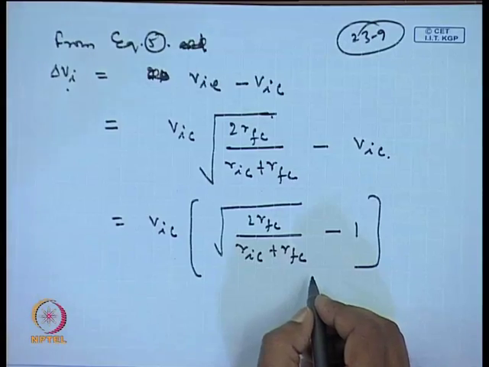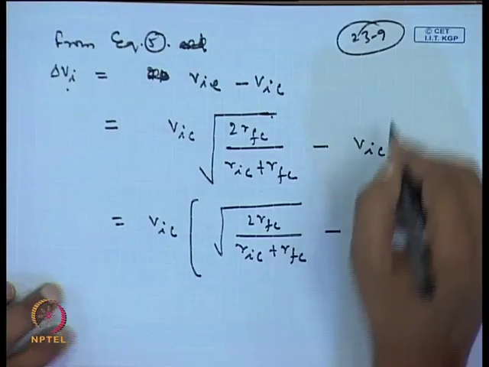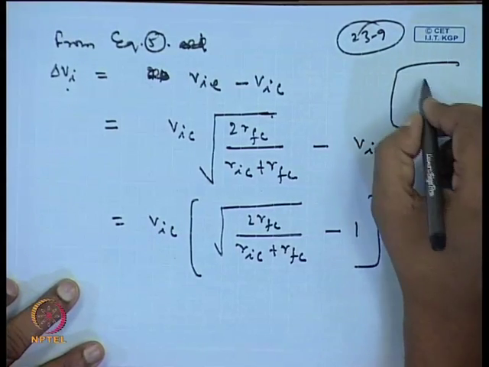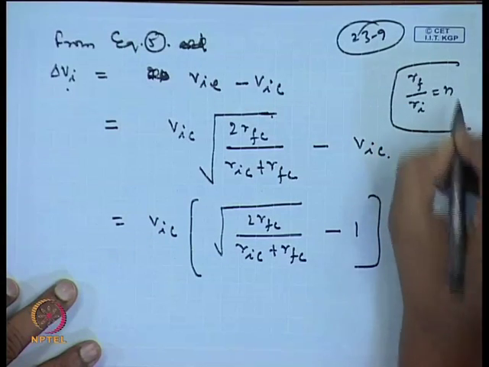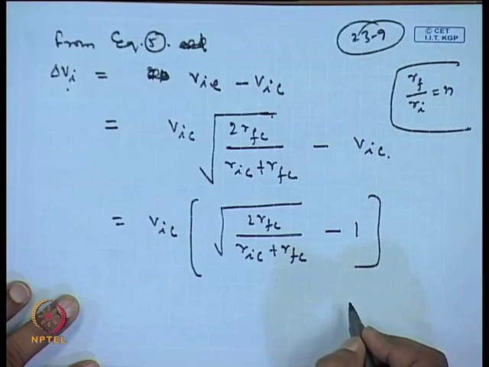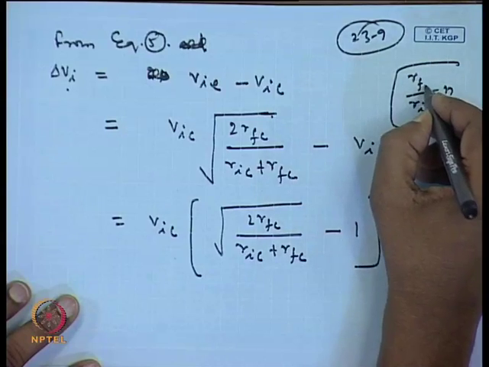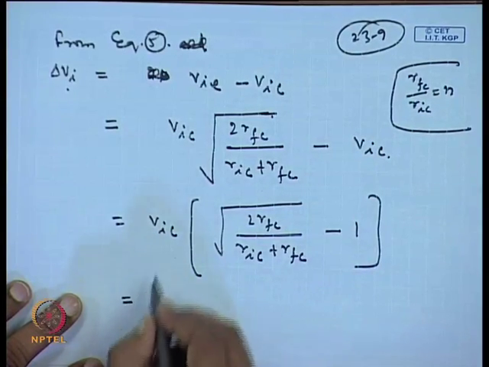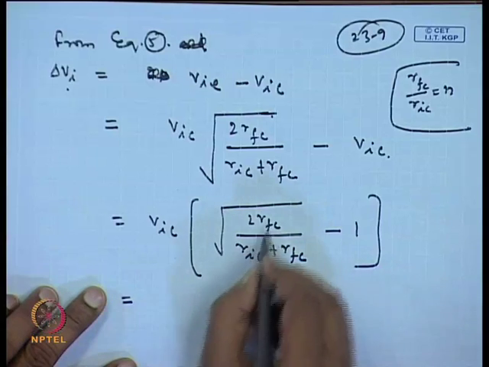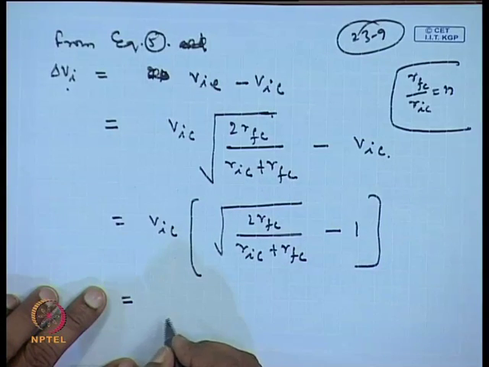And if we remember what we did last time, we put R f by R I as n. This ratio we have written as n. So, in this case the final circular orbit R f c divided by R I c is equal to n. So, we divide the numerator and denominator here by R I c.